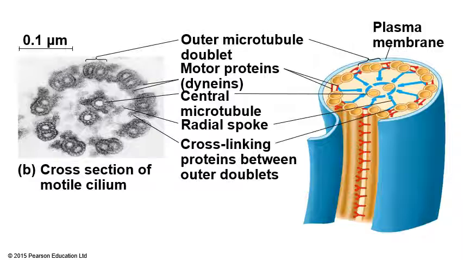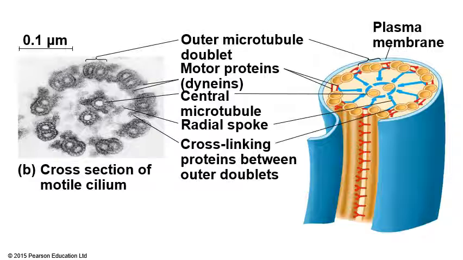Then what's going to happen? The whole structure of the cilium gets bent from the right-hand side to the left-hand side.